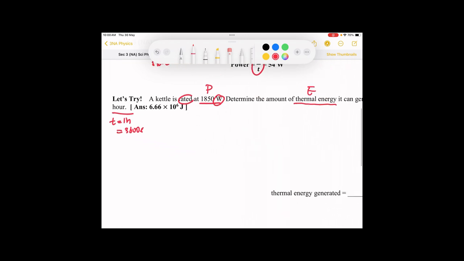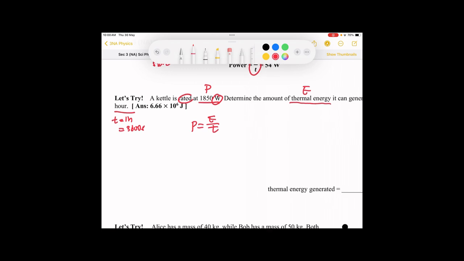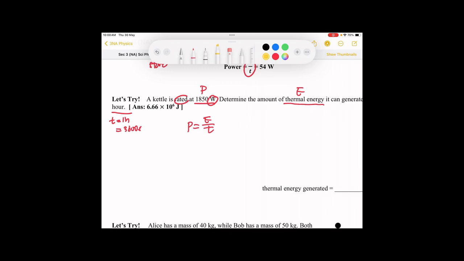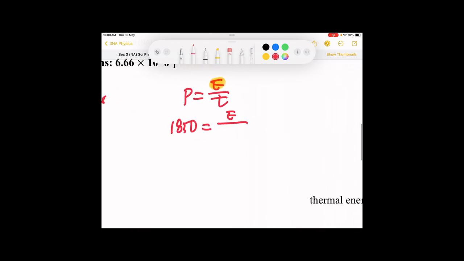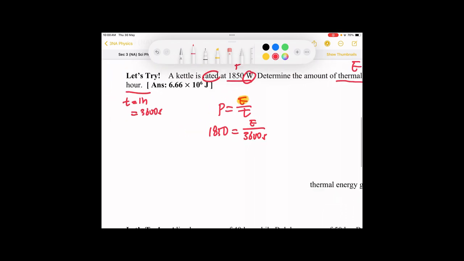Okay, so here we are using the formula power equals to energy over time. Here we are finding the E. The E is the one that we are interested in finding, but let's put in the numbers first. 1850 equals to E over, instead of 1 hour, it should be 3600 seconds.